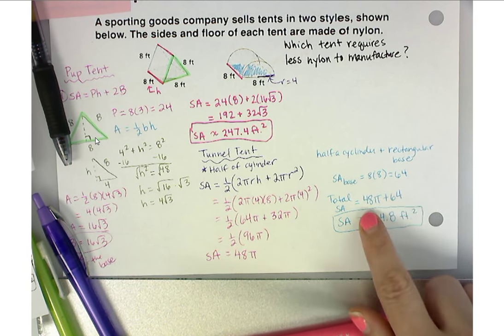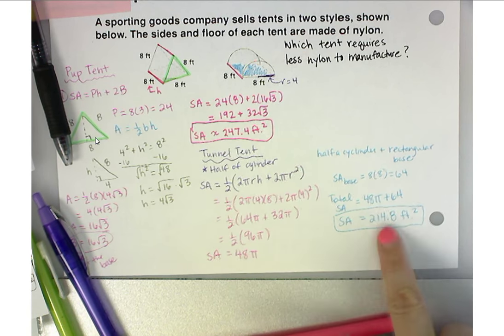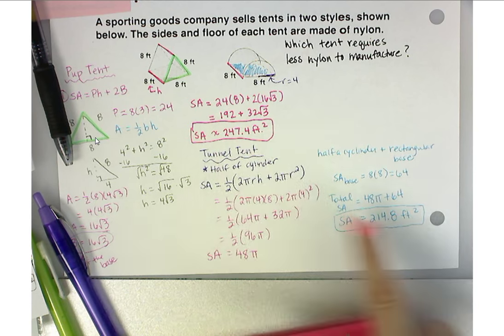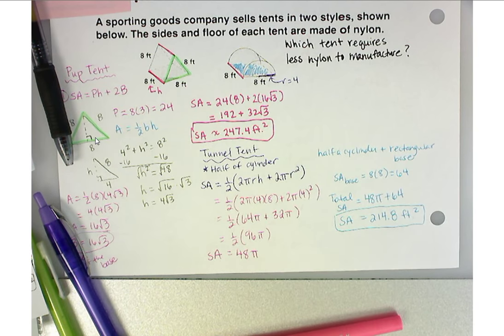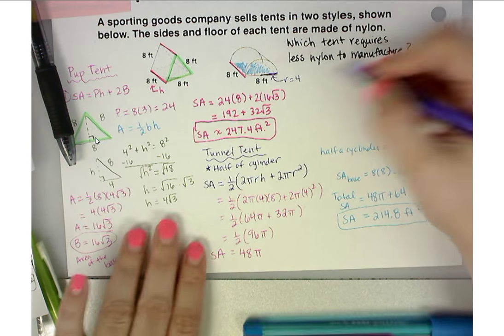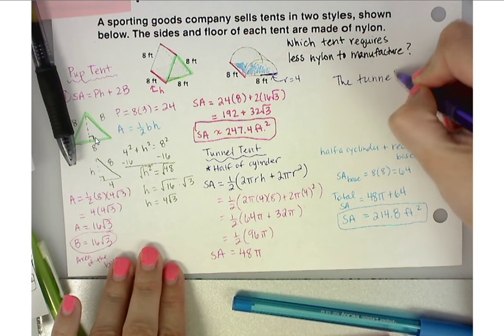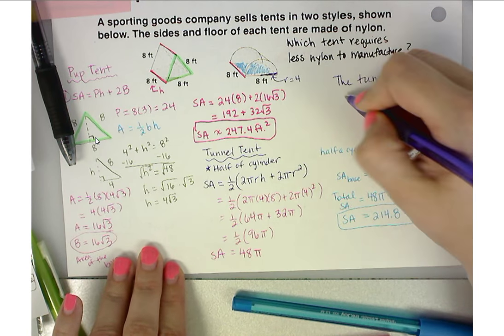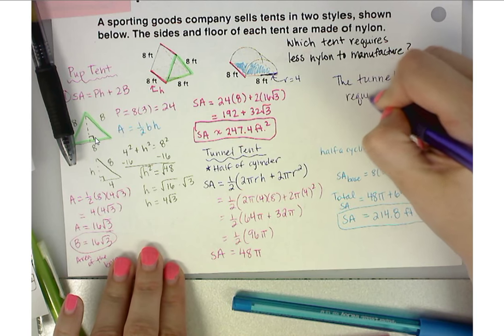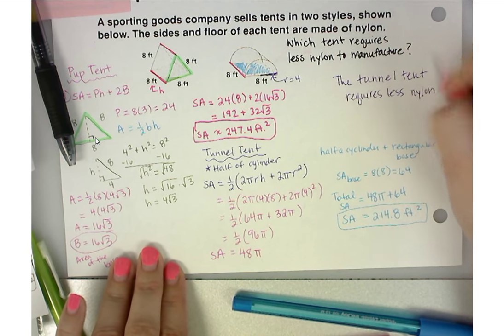So what we're going to do is 48 times pi first, and then we're going to add the 64 to that. Okay, so now here are my two tents, right? Which one is going to use less nylon? Yep, the tunnel tent, right? So, the answer to our question is that the tunnel tent requires less nylon.